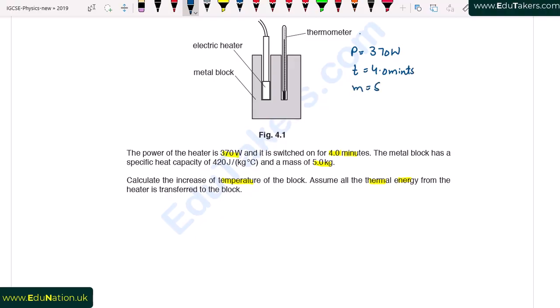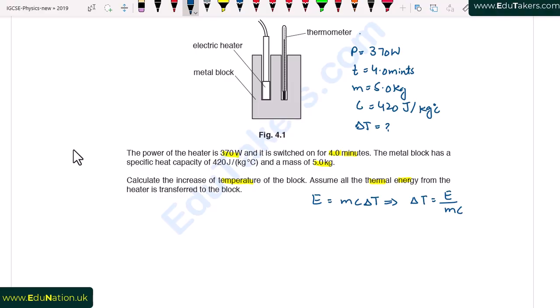Mass is 5.0 kg and specific heat capacity C is 420 joule per kg and degree C. So here we have to calculate the increase in temperature delta T. We know that energy is equal to mc delta T. Here we have to find out the value of delta T. It will be equal to E over mc. But we don't know the value of energy. Mass is also given. C value is 420 joule per kg per degree C.